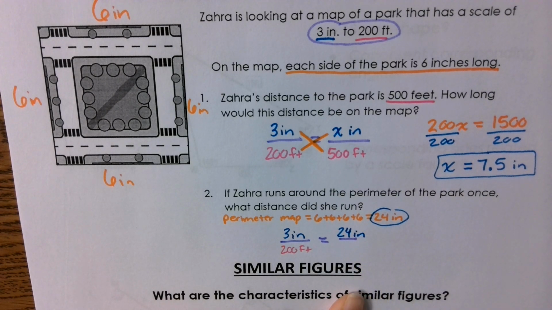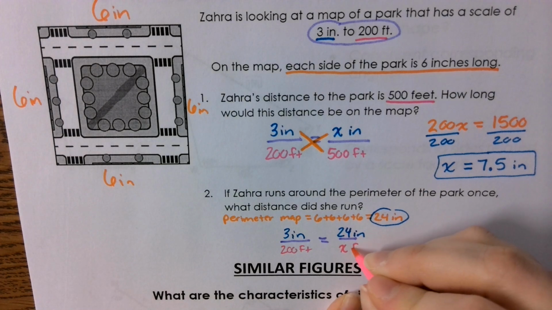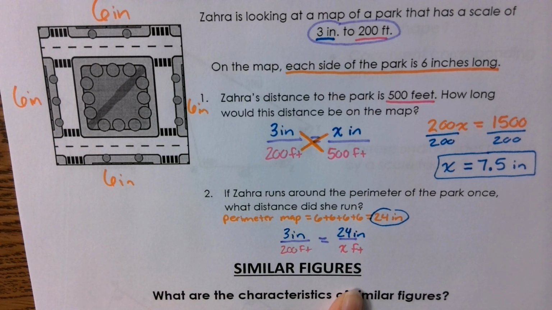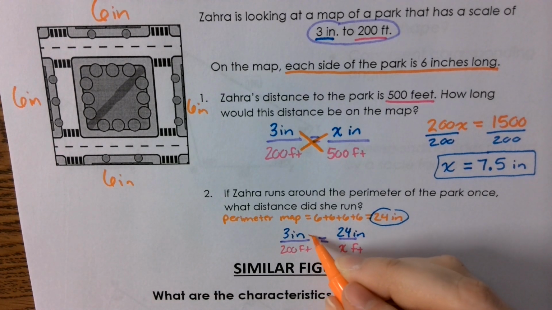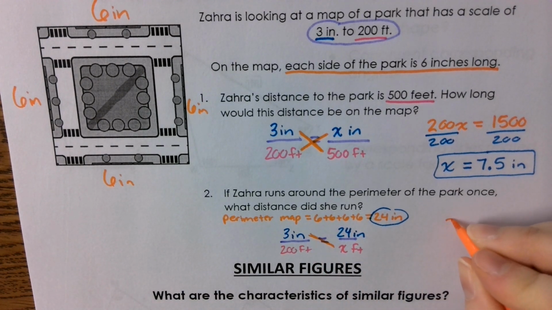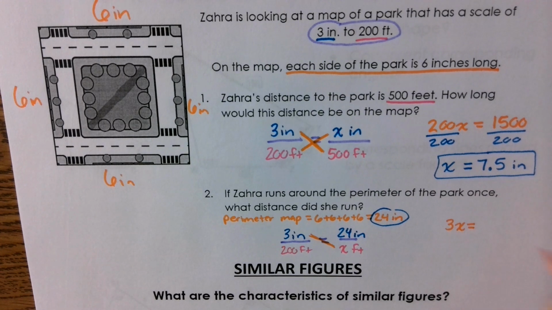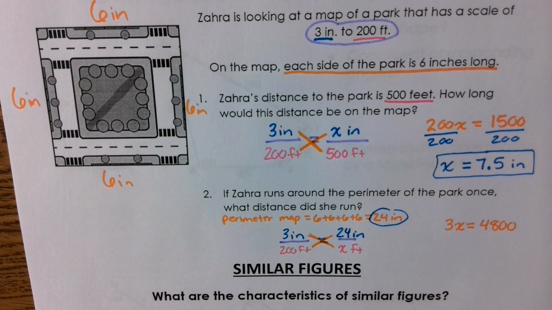We want to know how many feet is that going to represent for the actual perimeter of the park. Okay, so then we can again do our cross product. We can multiply 3 times the x, and that'll give us 3x. Then we can multiply 200 times that 24, and that's going to give us 4,800. And then we would just divide both sides by 3.